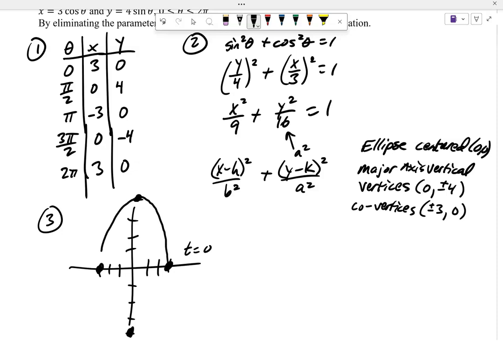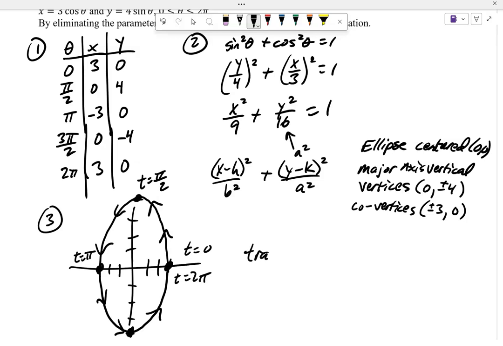So here's your orientation of the ellipse. So it's traced counterclockwise in this case. That is the orientation of this ellipse.